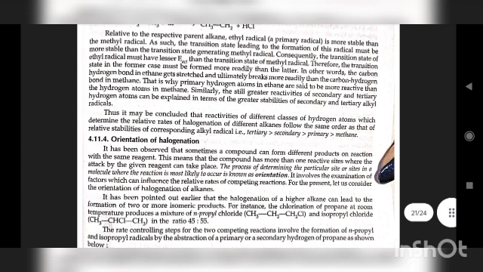Therefore, the transition state in the former case must be formed more readily than in the latter. In other words, the carbon-hydrogen bond in ethane gets stressed and ultimately breaks more readily than the carbon-hydrogen bond in methane. That is why primary hydrogen atoms in ethane are said to be more reactive than the hydrogen atoms in methane.